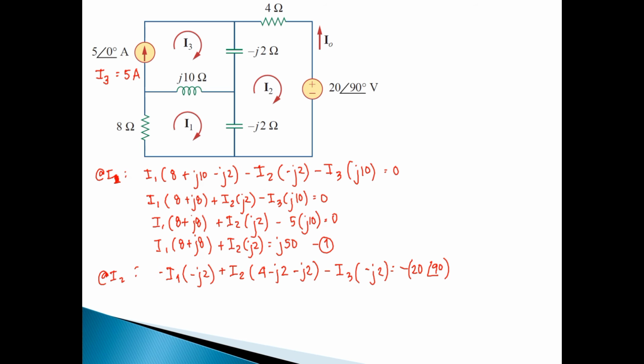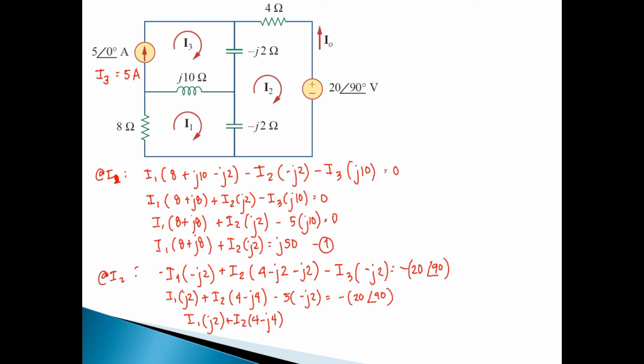So let's simplify: I1 times j2 plus I2 times 4 minus j4, then I3, which is 5, times negative j2, equal to negative 20 angle 90.